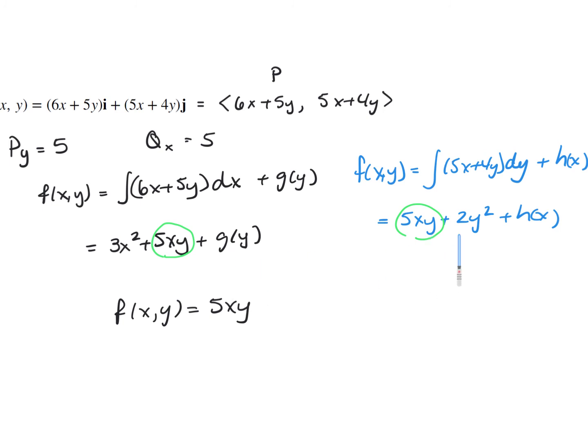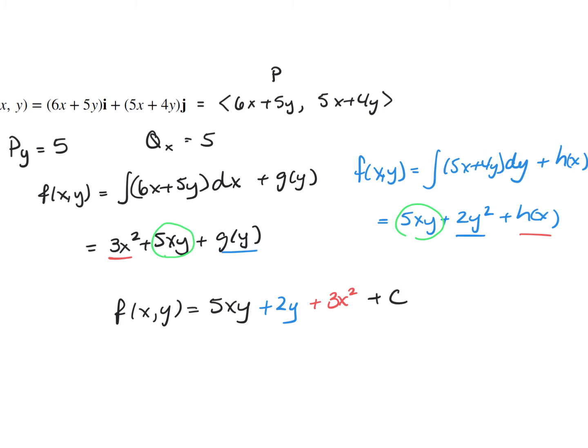If I were to take this function and do it with respect to y, then the h of x would be 0. So a good choice for the g of y would be plus 2y, and a good choice for the h of x would be plus 3x squared, and then all I have to do is tack on my c.